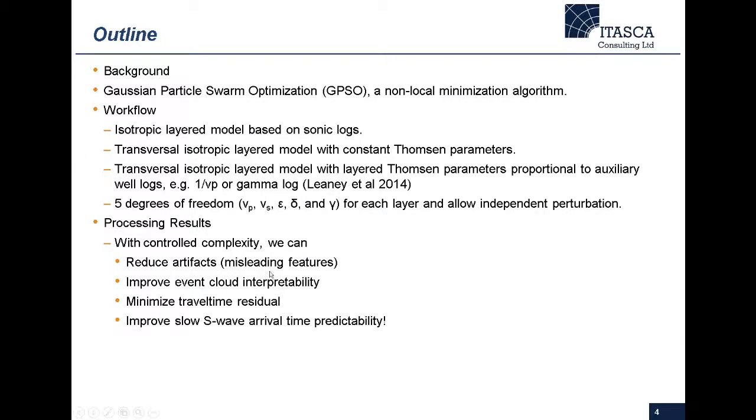So it improved the event cloud interpretability, reduced the artifacts, and the last thing, improved the slow shear wave arrival time predictability. That came as a little bit of a surprise, so I put the exclamation mark here. When we were calibrating the velocity models, we didn't look at the slow shear wave arrival, because only 1 or 2 calibration shots have clear slow SV wave arrivals, or QSV wave arrivals.